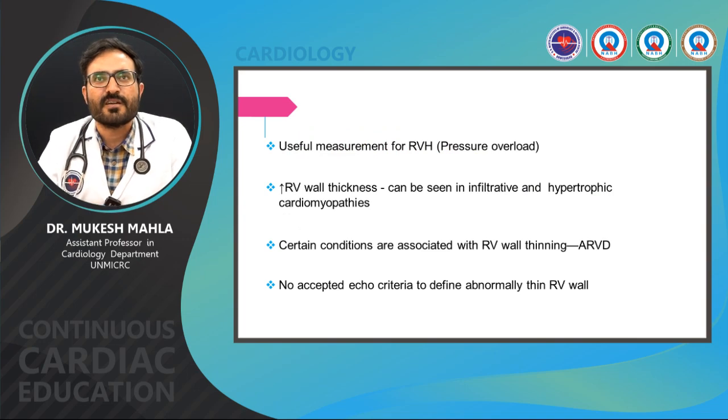So RVH is a useful measurement for pressure overload. Increased RV wall thickness can be seen in infiltrative and hypertrophic cardiomyopathies, and certain conditions are associated with RV wall thinning, such as ARVD, arrhythmogenic right ventricular dysplasia, and there are no established echo criteria to define abnormality in a thin RV wall as in RVH.